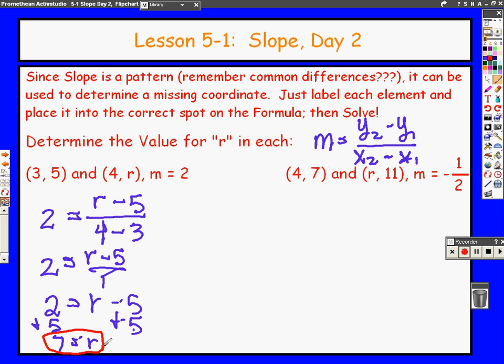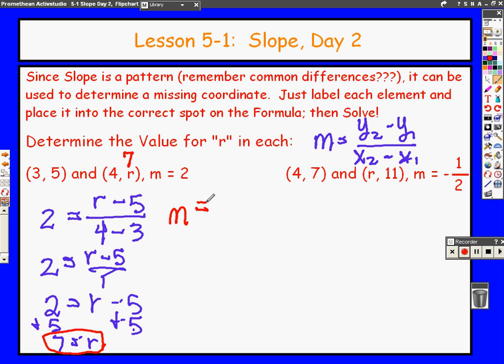One really nice thing about this type of problem is that you can always check your work and be sure that your answer is correct before moving on. So we're going to do that. To check that, I just use my old slope formula, and I'm going to substitute in my points using 7 for r.